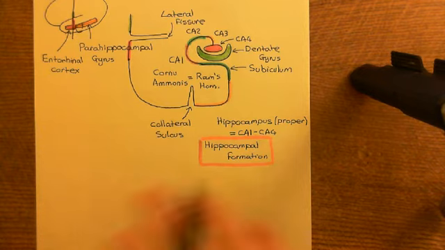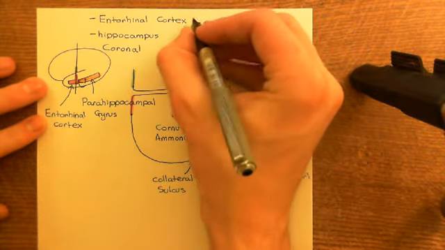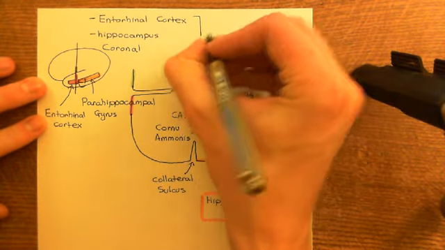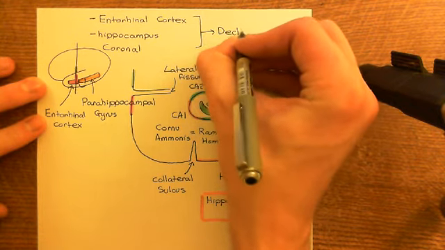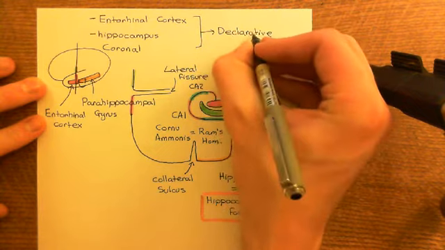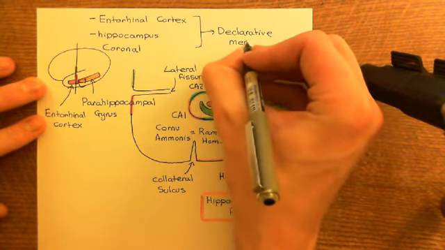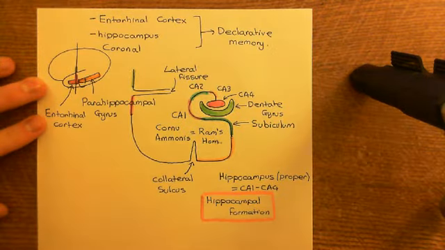These two areas, the anatomy of which we've just looked at, are incredibly involved in declarative memory, and other forms of memory as well, but especially declarative memory. This is one of the areas that is particularly badly affected by Alzheimer's disease very quickly.